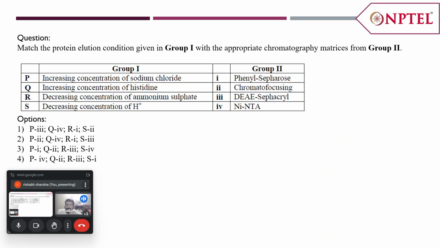Okay, so match the following elution conditions in group 1 with group 2. So group 1 refers to the elution conditions and group 2 refers to the different chromatography. So what can be the correct answer? You have to match the following.